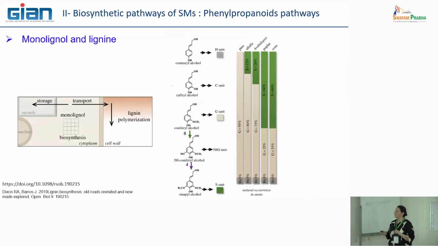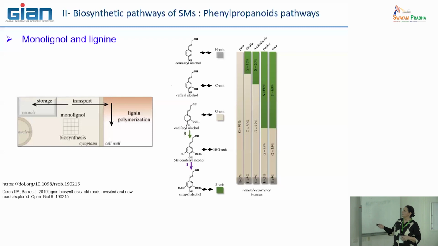Here also, it's another illustration of what I have started to explain to you. You have 5 different types of plants: pine, alfalfa, Arabidopsis, poplar, corn. You can see there is a color code: you need H in gray, G in pink, and S in green, and you can see you can have different compositions of lignin, depending on the type of plant.